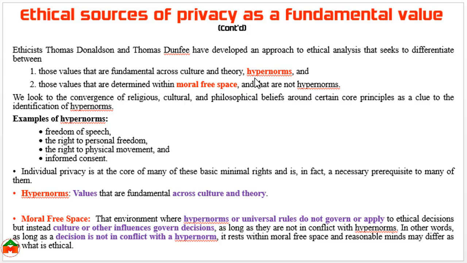These two issues also should be considered as the source of privacy. We can see examples of hypernorms: freedom of speech, the right to personal freedom, the right to physical movement, and informed consent. However, the sources of privacy also arise from the hypernorms and moral free space.